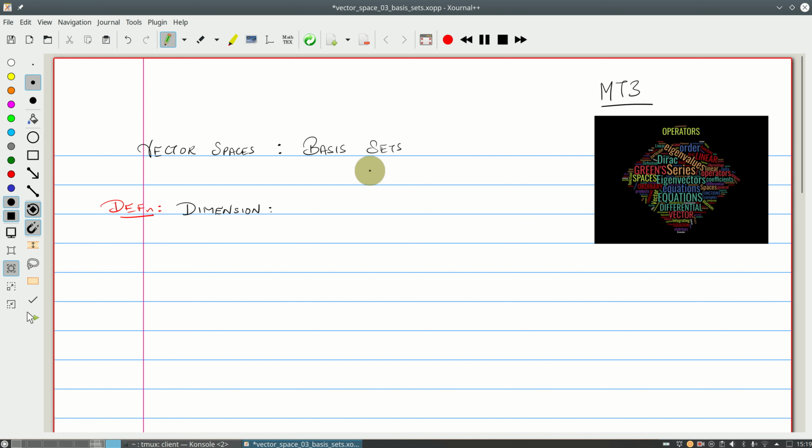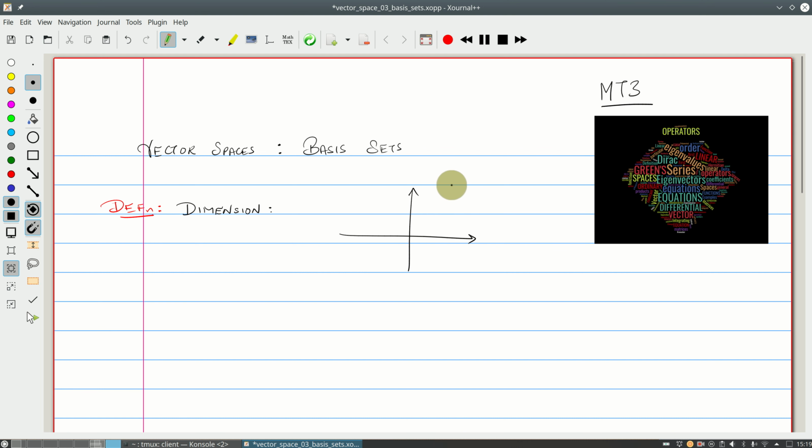Now, intuitively, you know that two-dimensional space is two-dimensional because, well, it's in a plane. Now, what do you mean by that? Well, two-dimensional space is two-dimensional mathematically because there are a maximum of two vectors which can be linearly independent in this space.